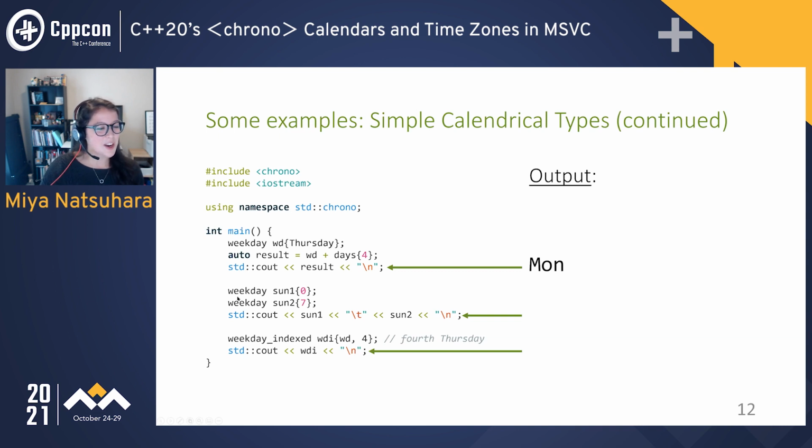In this next chunk here, as I mentioned, you can make weekdays using just ints, so 0 and 7. An interesting part of the design here is that both 0 and 7 map to Sunday. And this is just to try to accommodate different people who maybe prefer to think of their weeks starting on Monday versus people who prefer their weeks to start on Sunday.